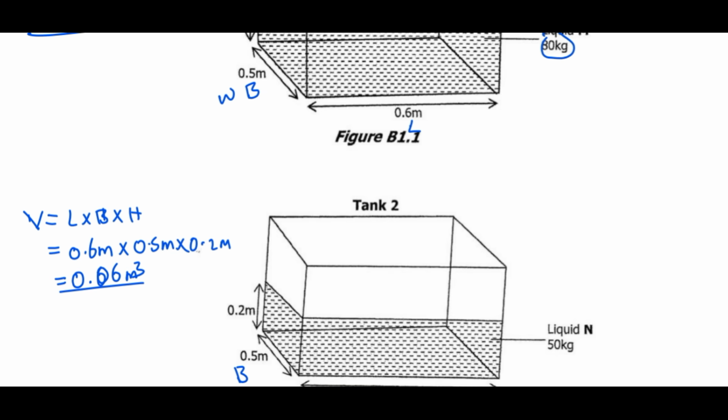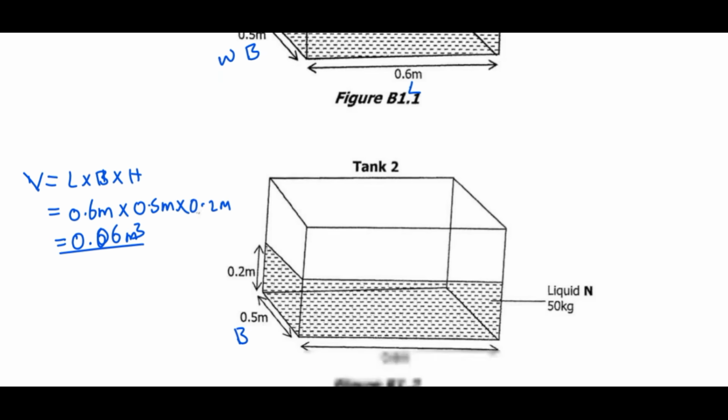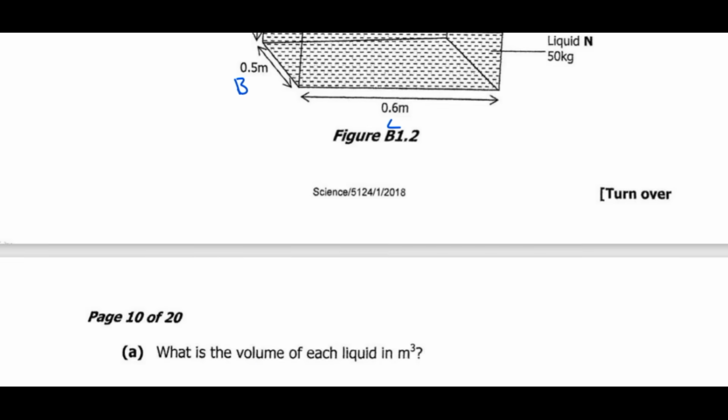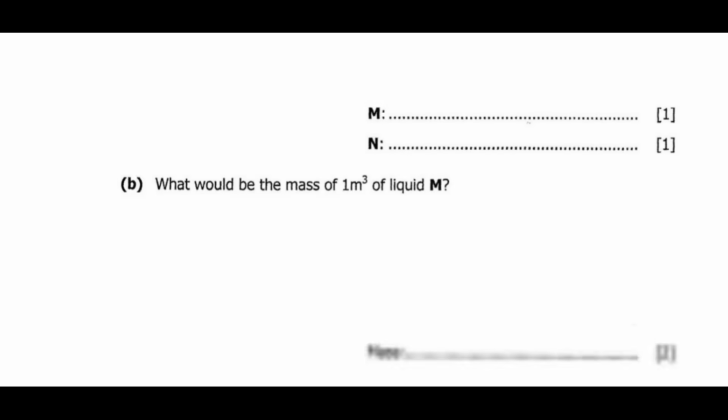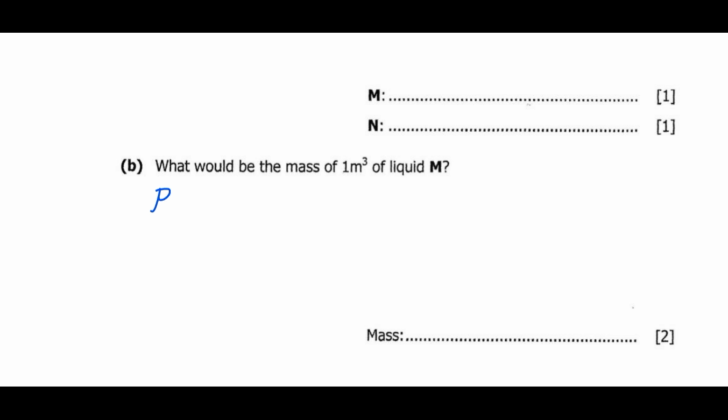We know that the volume is 0.12, then the mass is 80 kg. So now let's do that calculation. We know that density is equal to mass over volume. So the mass is 80 kg over the volume, 0.12 cubic meters. So 80 divided by 0.12.